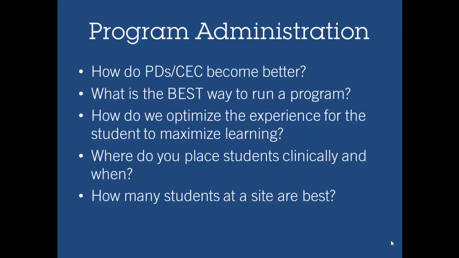What's the best way to run a program? This type of program administration research is what led to a lot of the education reform that we have now, with moving to the professional level masters.